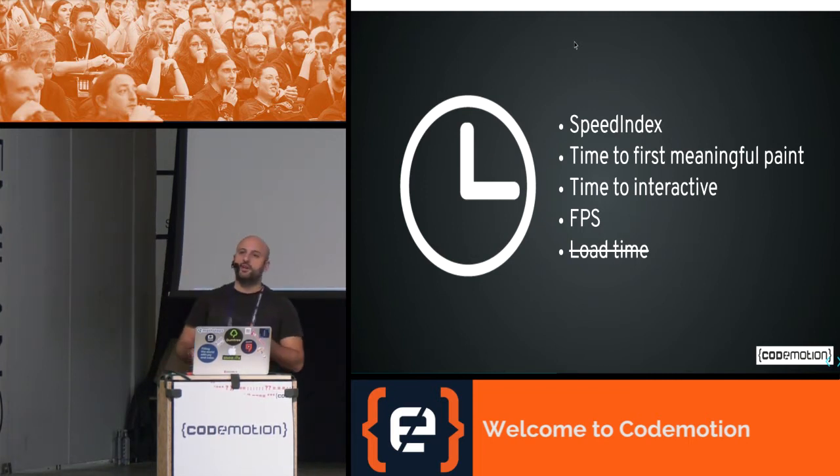You may also want to try and track how much it takes for your application to be interactive, because, for instance, you need to initialize a whole bunch of JavaScript code, which will take some time, and you may want to track that. So it's a new metric that you have to track.